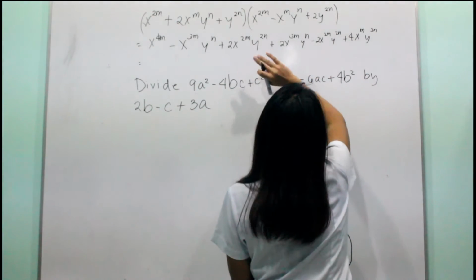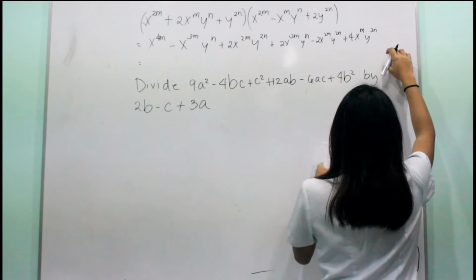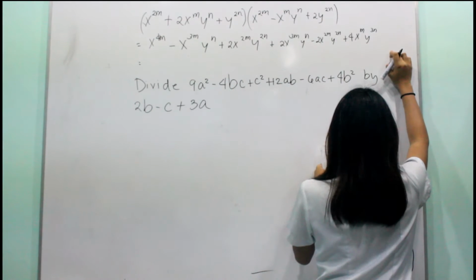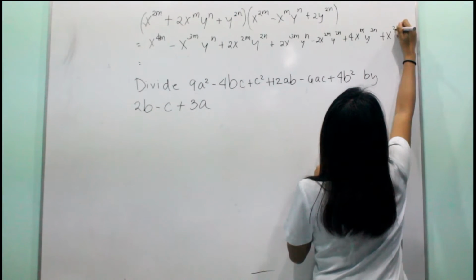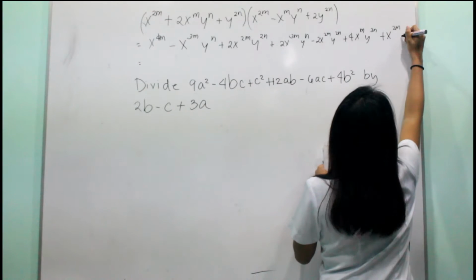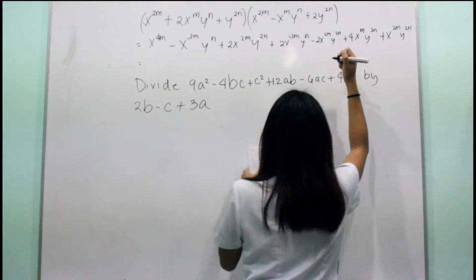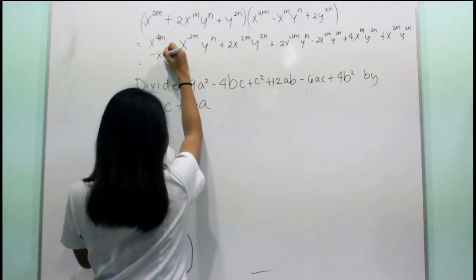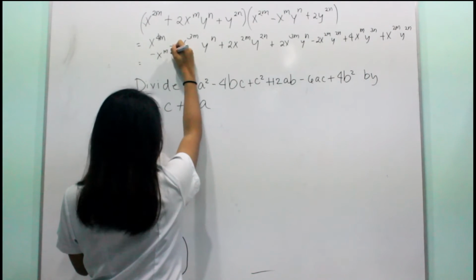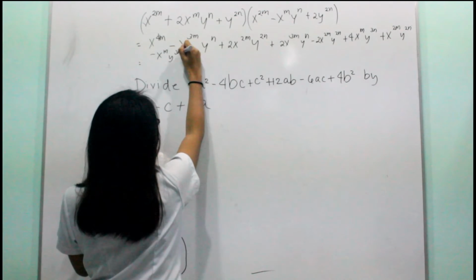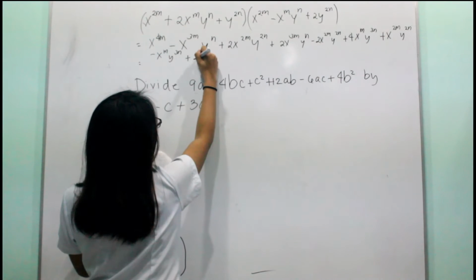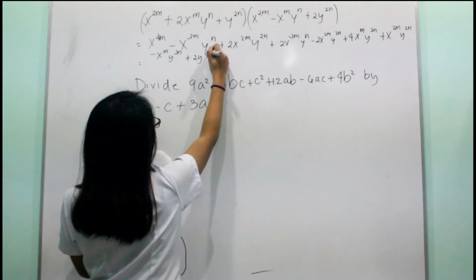Distribute y raised to 2n to the second polynomial. So positive x raised to 2m y raised to 2n minus x raised to m y raised to 3n plus 2y raised to 4n.